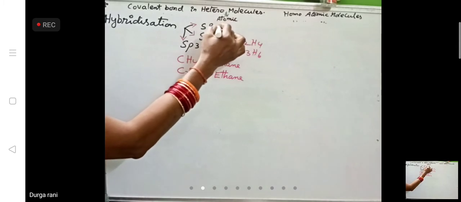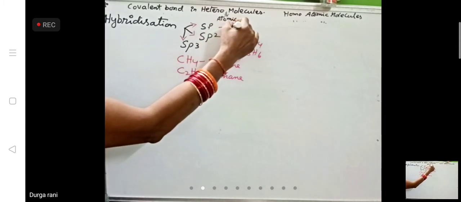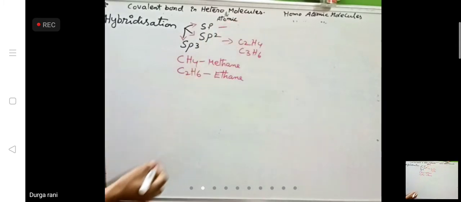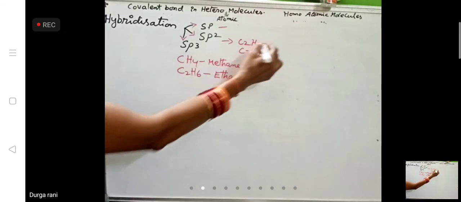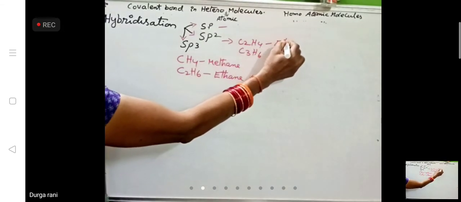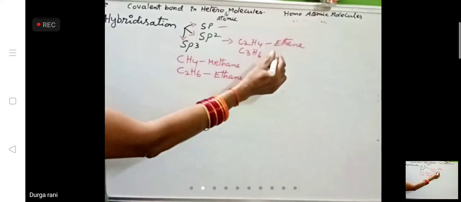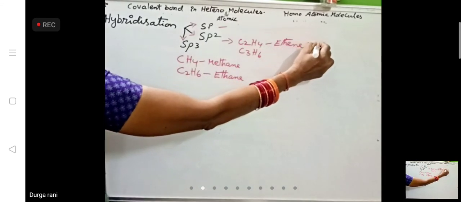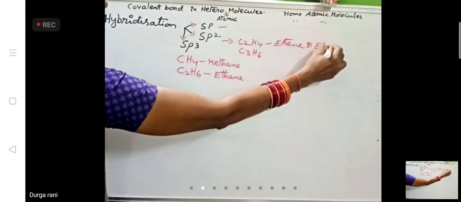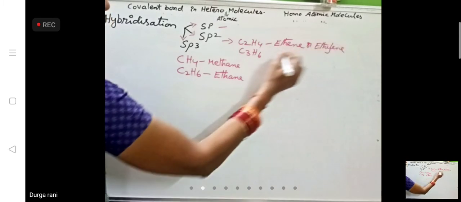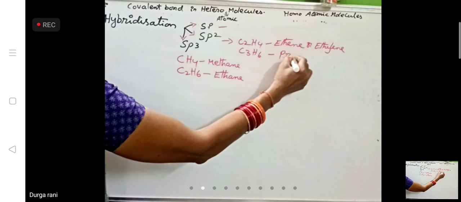Ethene, or you have ethylene, one of the phytohormones. Ethene is also called ethylene. This is propene.